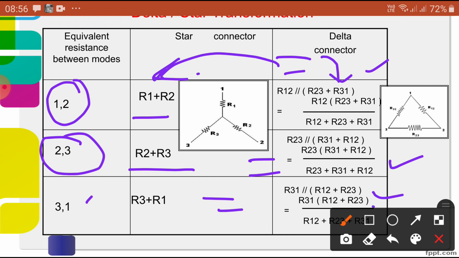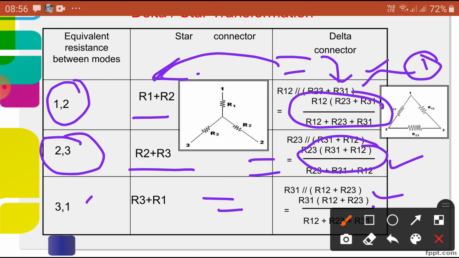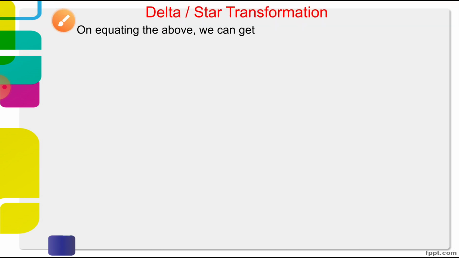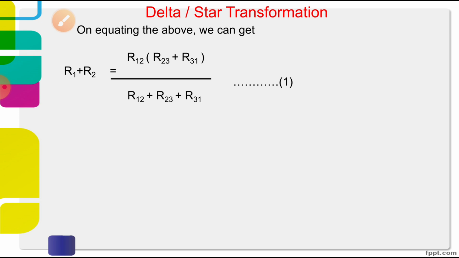Now, let us assume that. Here, in equation 1, R1 plus R2 is equal to this value, R2 plus R3 is equal to this value, and R3 plus R1 is equal to this value. Now write these equations and simplify them. On equating the above we get R1 plus R2 equal to R12 parallel with R23 plus R31. That is called equation number 1.